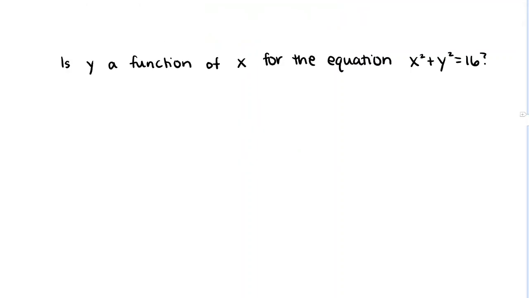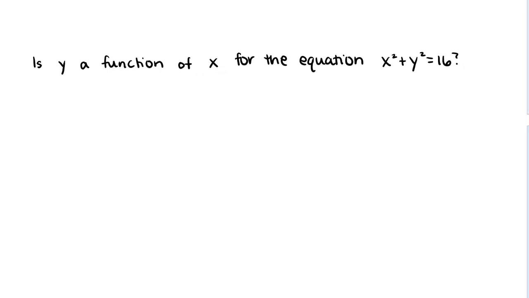Now let's take a look at one more example. I want to determine whether or not y is a function of x for this equation, x squared plus y squared is equal to 16. If you're feeling up for it, please give it a try, but we'll talk about it together in a moment. To determine whether y is a function of x, I want to try and isolate that y variable.